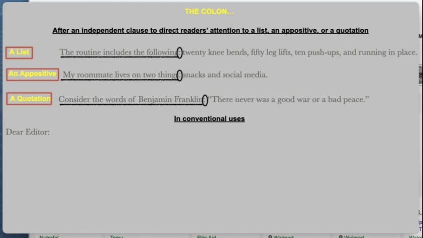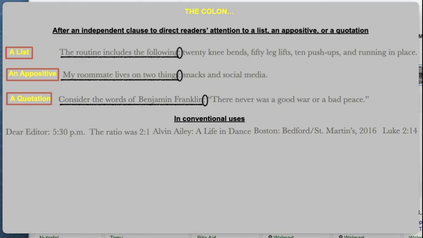After the salutation in a formal letter, to indicate hours and minutes, to show proportions, between a title and a subtitle, to separate city and publisher in bibliography entries, for example, and between chapter and verse in citations of sacred texts like the Bible. A colon must be preceded by an independent clause.